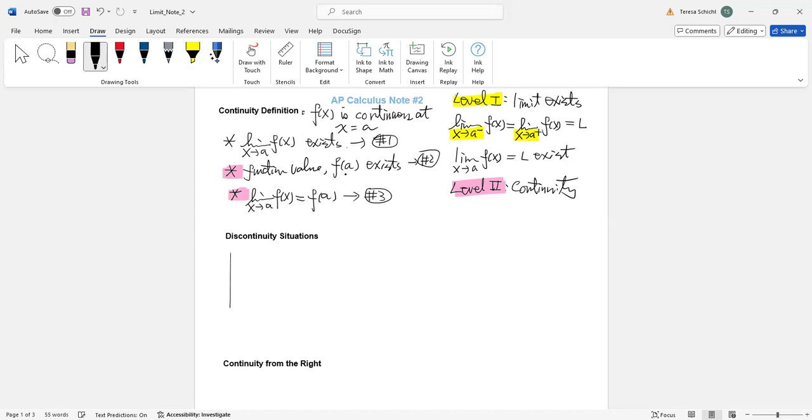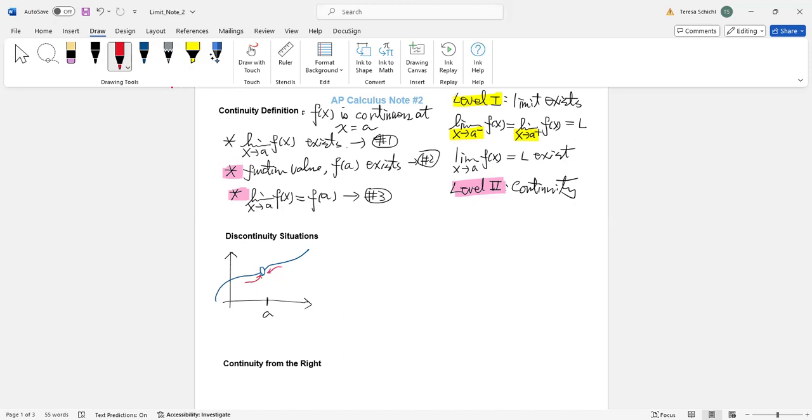Obviously, if you have a function that looks like this, example A, this function is not continuous. Which condition does this function violate? When approaching from the left, it approaches this value, and approaching from the right, it approaches this value.